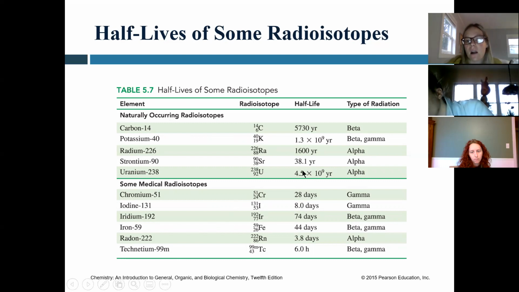So a lot of these are on a much smaller scale, half-life wise, right? We're talking, you know, the biggest here being 75 or 74 days, the quickest being 6 hours. And then these are all the different types of radiation that they're undergoing. So if we were to look at carbon-14, we're going to see it's emitting beta radiation.